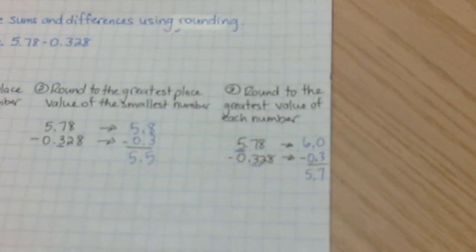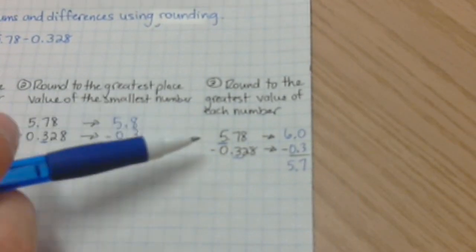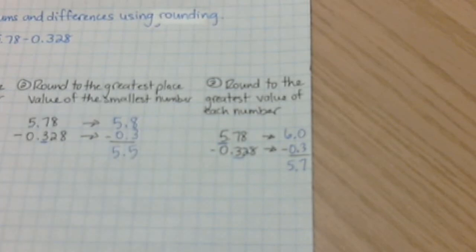What I'm going to say for our class this year is that using this method, where each number gets rounded to the biggest value of the biggest digit in each number, that's the one we're going to use. When we work on this tomorrow, when we get our practice assigned in class, I'm going to ask you to just round each number to the biggest place value in each number. And so that's what we're going to be practicing.